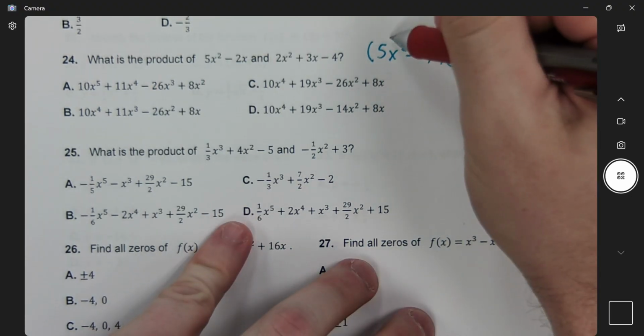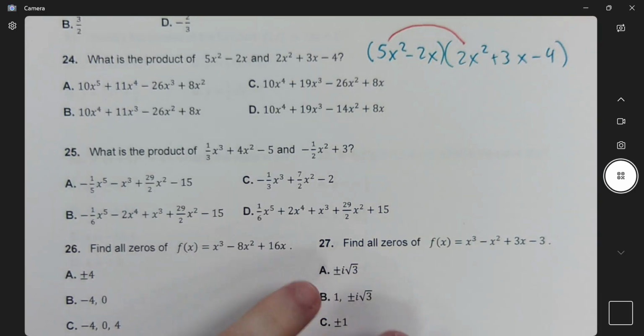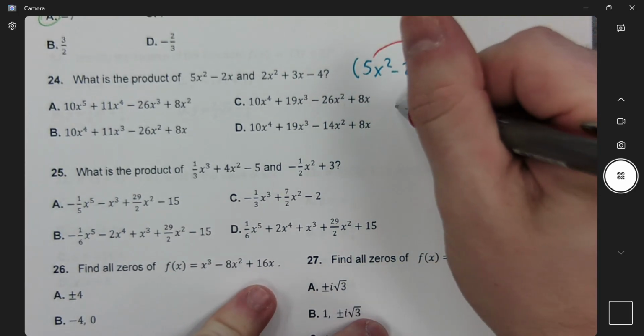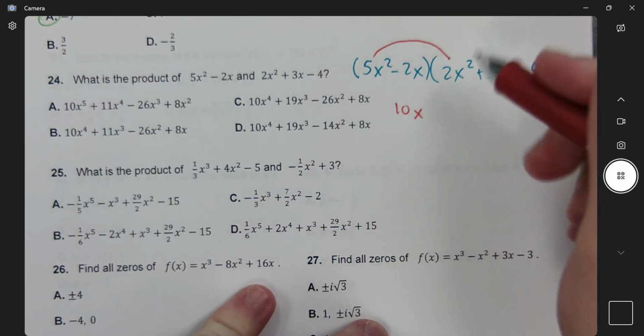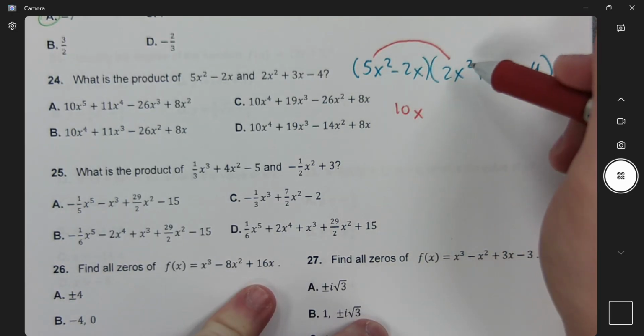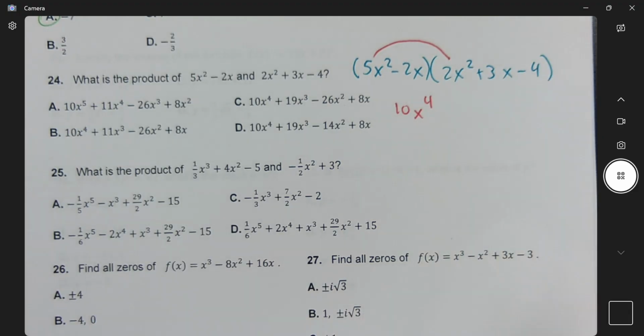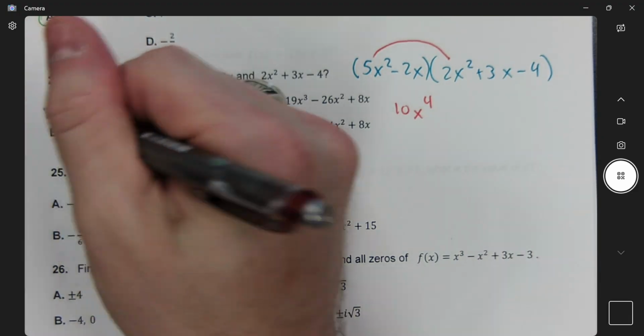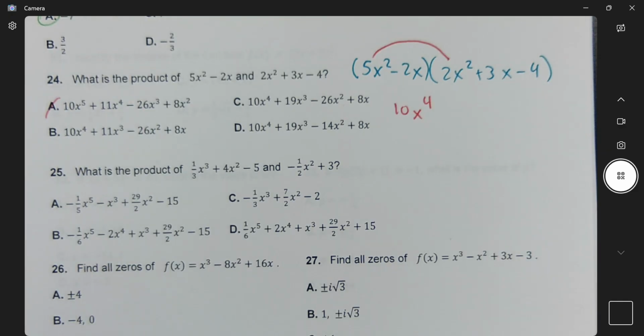Alrighty, the first multiplication, 5x squared times 2x squared, is going to get you 10x to the, and when you multiply 2 numbers of the same base, you add their exponents. 10x to the 4th. Well, that one's no good. Cool, cool. Okay.